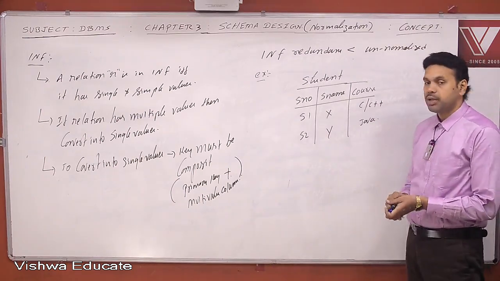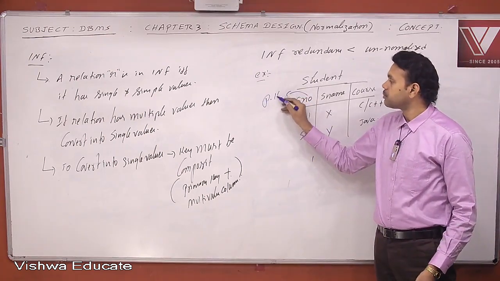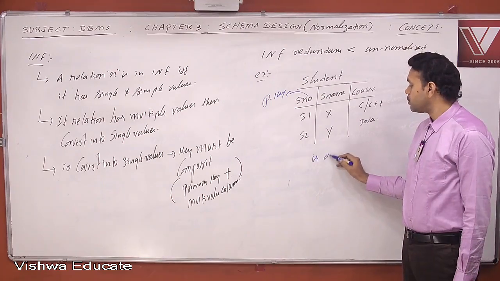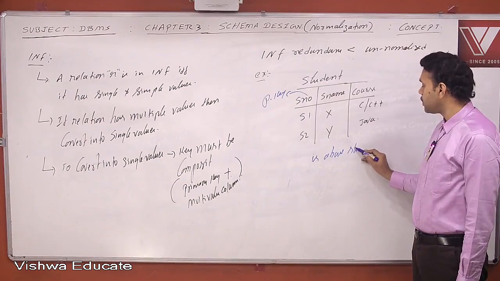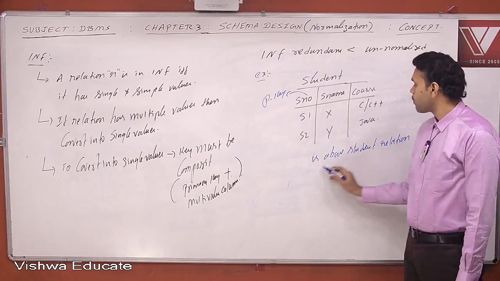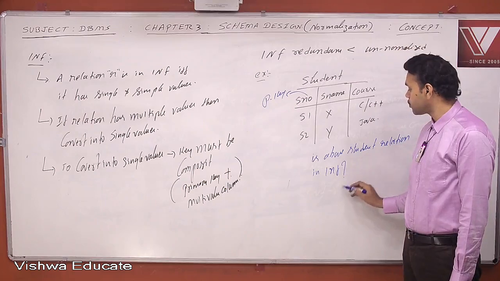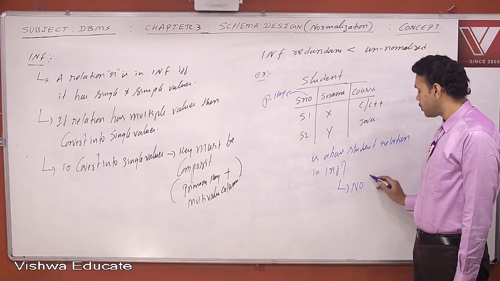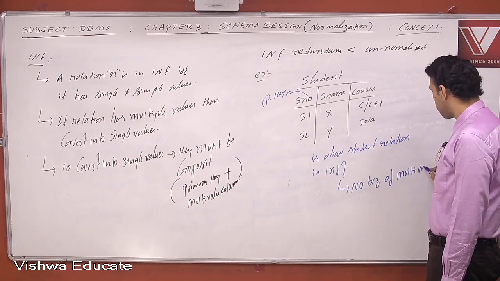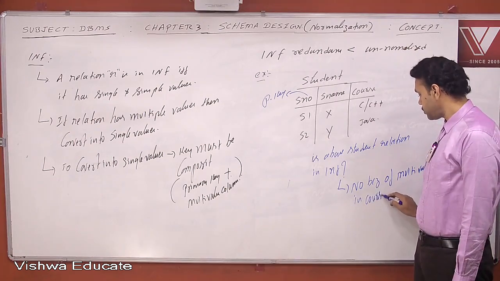You observe carefully, this is the primary key. Is the above student table in first normal form? The answer is no. Because of what? Multi-values. In which column? Course column.